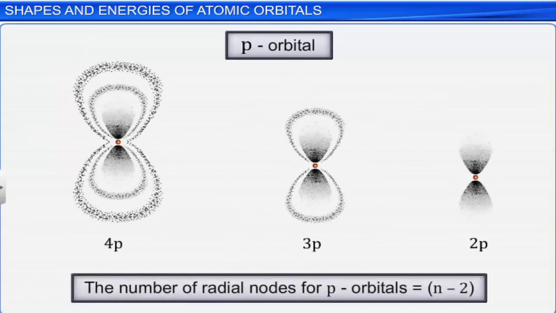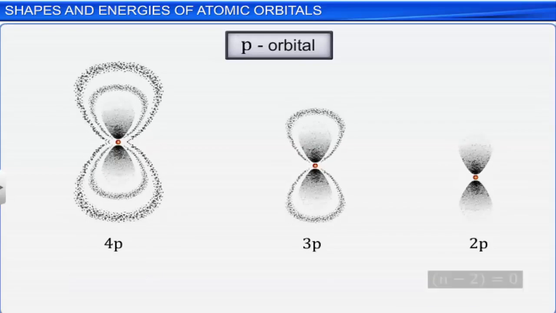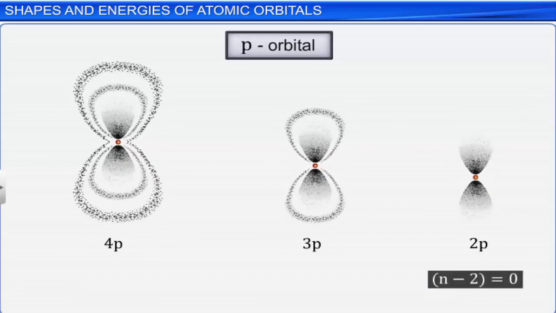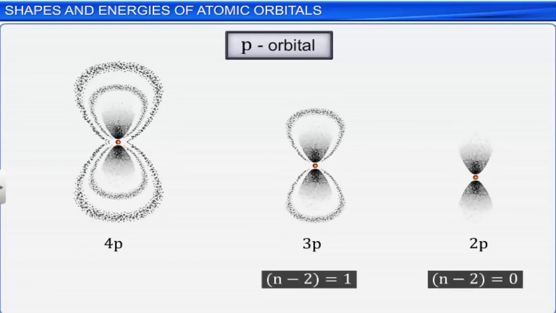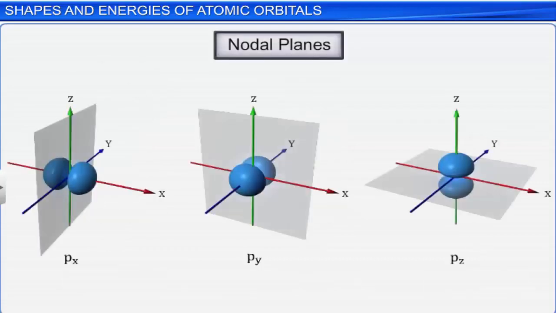Therefore, the number of radial nodes is 0 for 2p orbital, 1 for 3p orbital, 2 for 4p orbital, and so on. In addition to these radial nodes, for np and nd orbitals, the probability density function is also 0 at planes passing through the nucleus. These planes are called nodal planes.